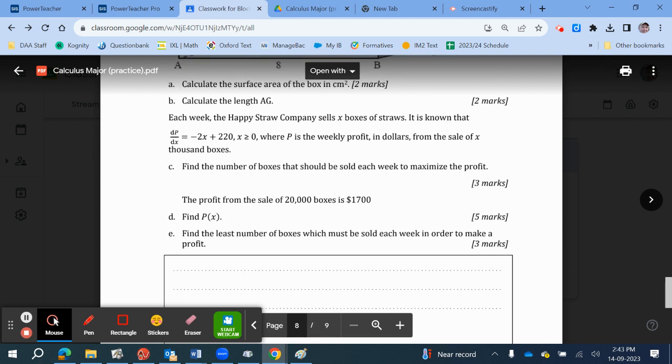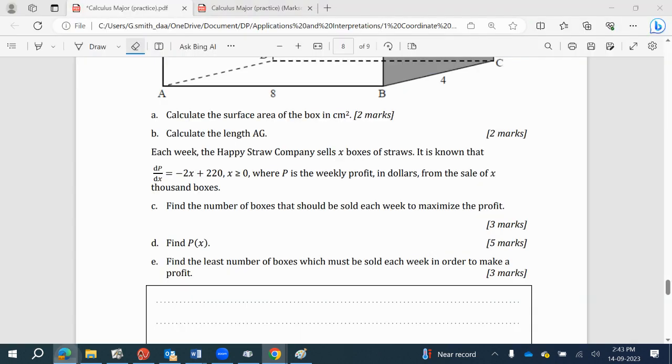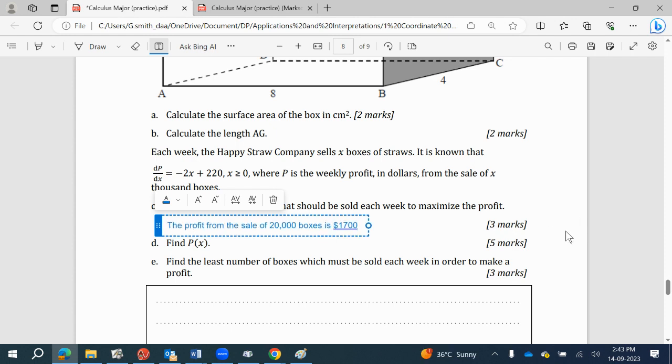Yeah, we're missing this line here: the profit from the sale of 20,000 boxes, just before we get to D. Let me see if it will give me a text box. All right, so that line was missing from this version.